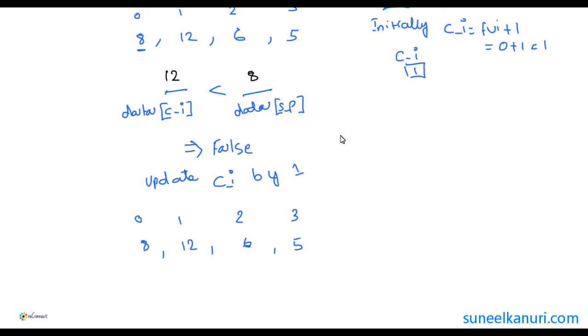Our first unsorted index is 0, our position holding the next smallest element is 0, and our C_I at this point is going to be 1.